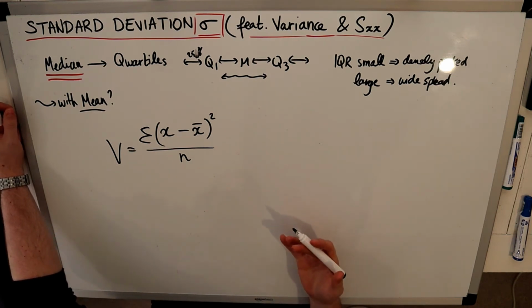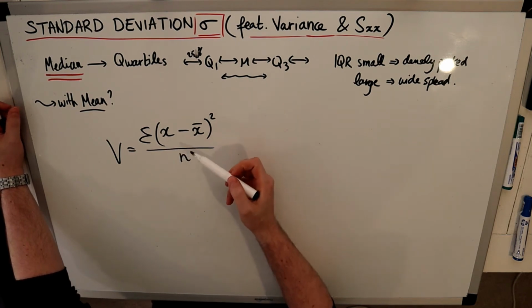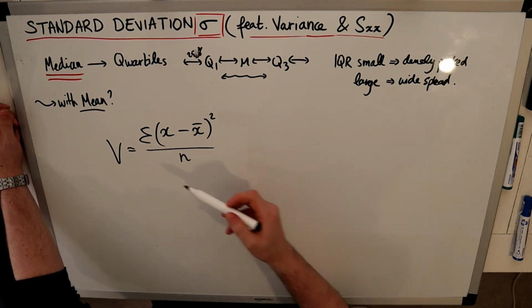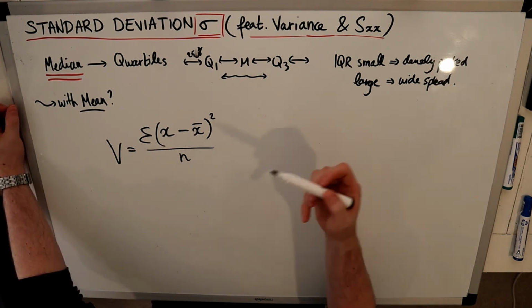And that's essentially it. What we do with the variance is we take every single point, take the mean away, square it, and then add all those distances together, and then divide by the total number. So we mean the distance from the mean.